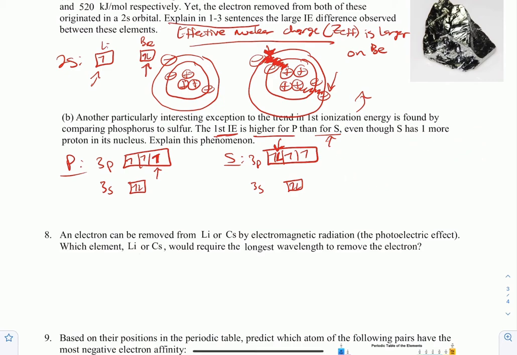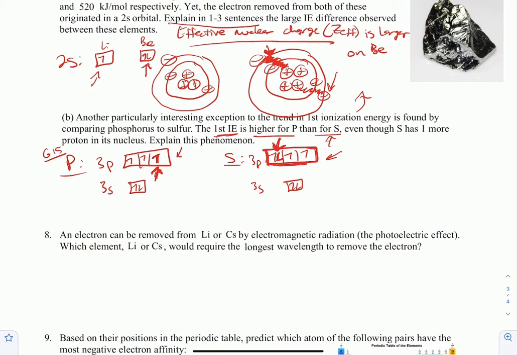So in that same spirit, it's going to take less energy to remove this electron from sulfur because once you take it, sulfur becomes half filled, but if you were to take an electron from phosphorus, it would no longer be half filled. So we've got two things going for us: if we take it away from phosphorus, it loses its stability, but as we take it away from sulfur, it gains stability. So when you reach group 15 in the periodic table, you're going to notice this trend.